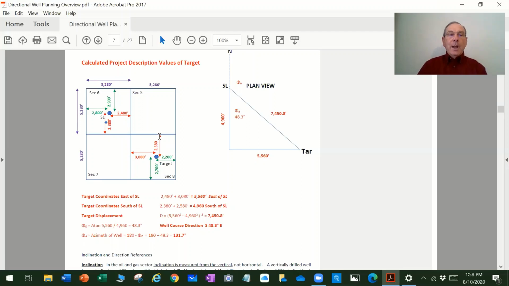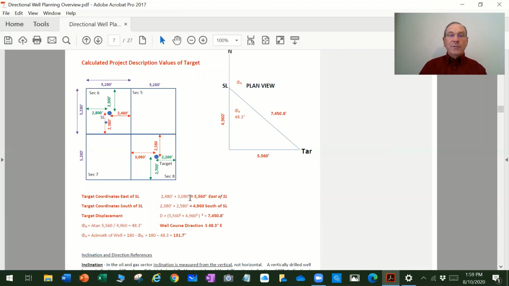And then we can visually see that in order to go from this surface location to this target, we're going to have to go the combination of both the 2,480 feet plus the 3,080 feet to get our distance east, and that would be this number here.